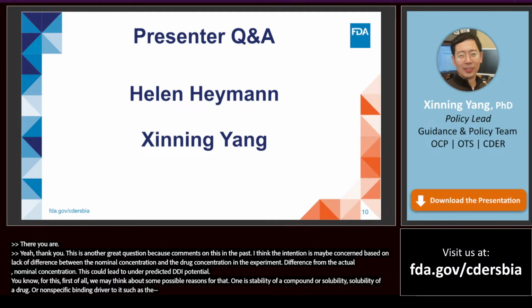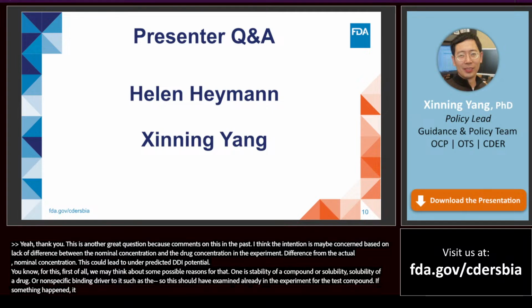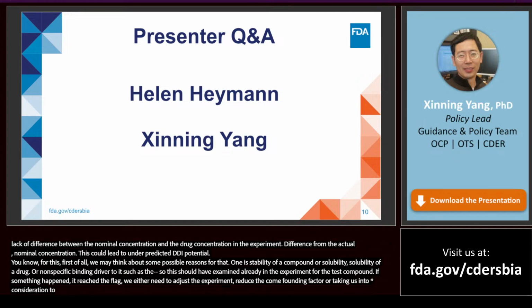So this should have been examined early in the pilot experiment for the test compound. If such a thing happened and it reached the flag, then we either need to adjust the experimental condition, reduce this confounding factor, or take this into consideration to correct the in vitro results when we interpret the data.